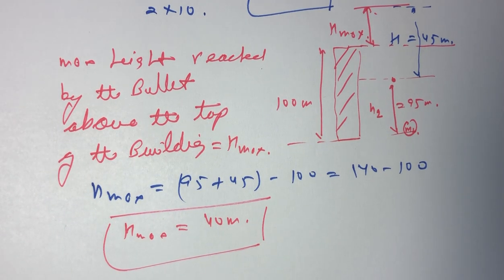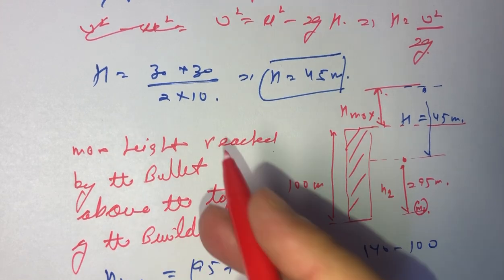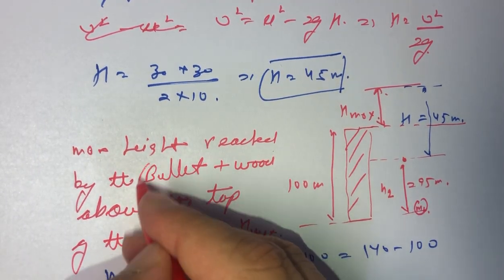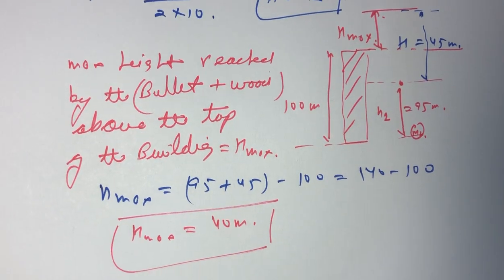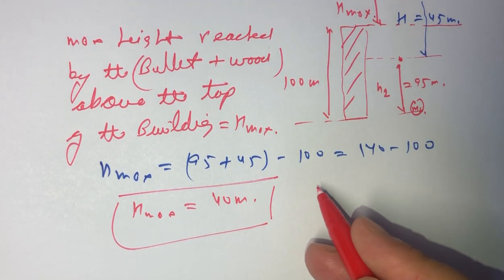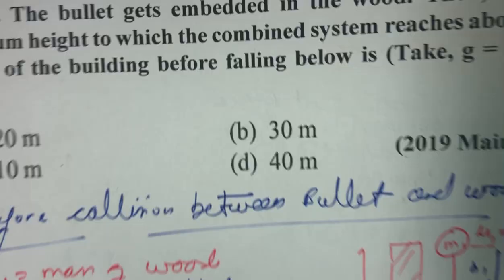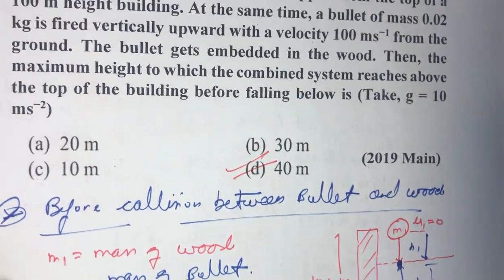So this is the maximum height reached by the bullet plus wood above the top of the building. So we get h max is equal to 40 meter. Therefore we have option D is the correct option.